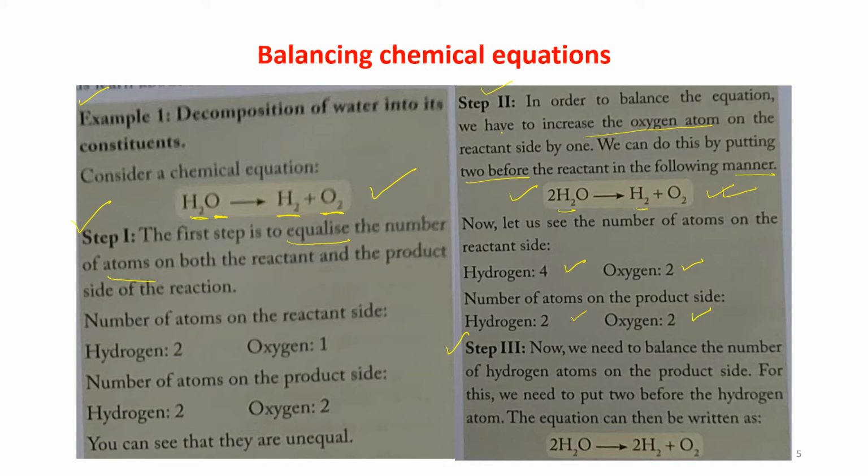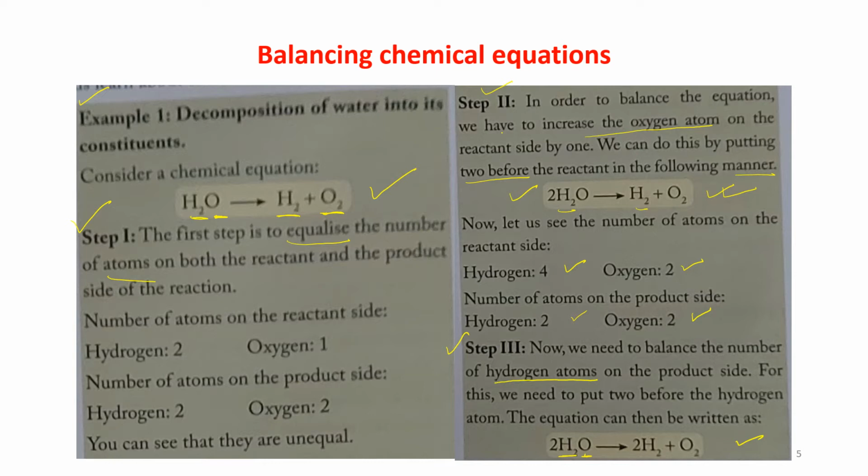Now step 3. Now we need to balance the number of hydrogen atoms on the product side. For this, we need to put 2 before hydrogen on the product side. So the equation can be written as 2H2O gives 2H2 plus O2. Now you check on the left hand side, we are having 4 atoms of hydrogen and 2 atoms of oxygen, because this 2 which has been written before H2O should be multiplied by both hydrogen and oxygen.